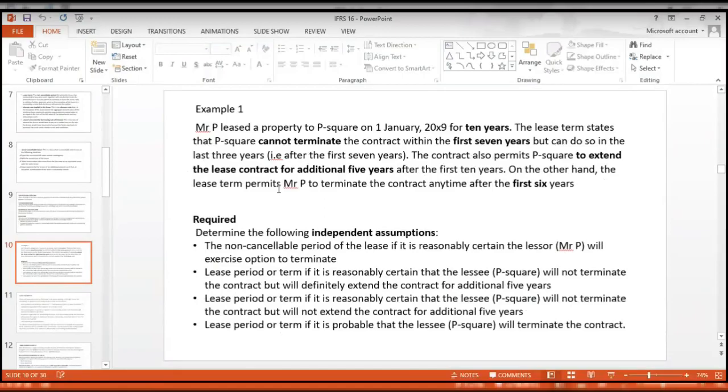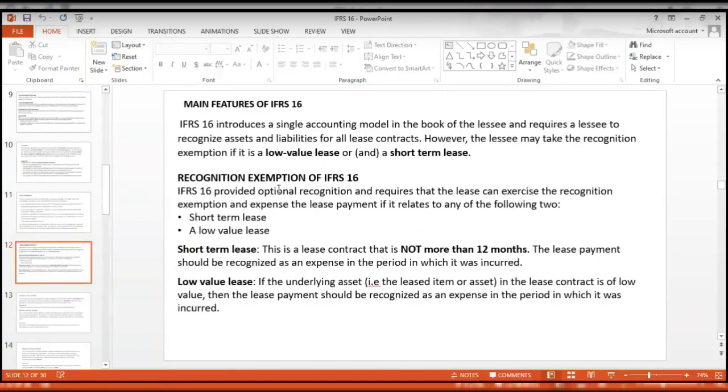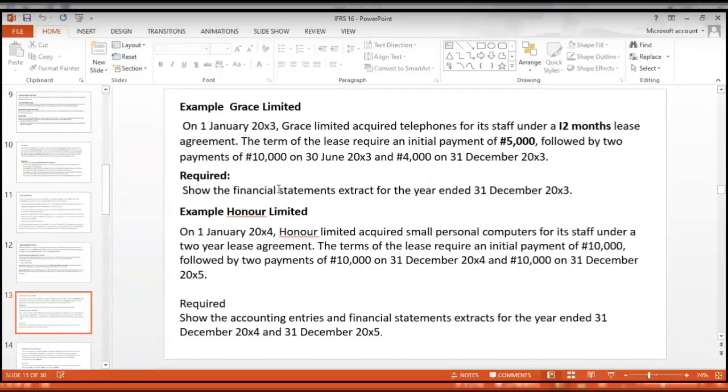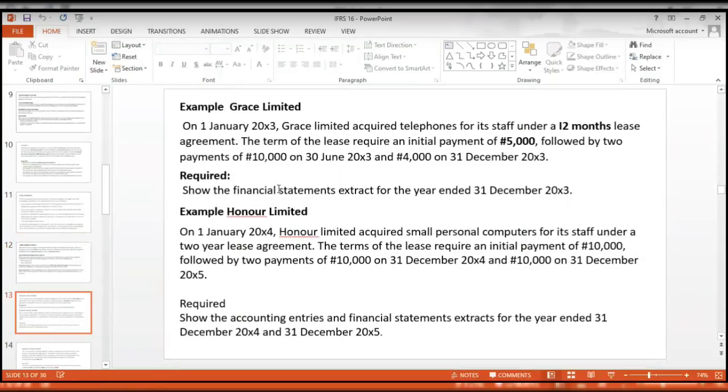We also tried to look at several examples, how to test if an agreement is a lease agreement or not. We did some computation on short-term lease and lease of petty items that are usually written up in the statement of profit or loss for the period.